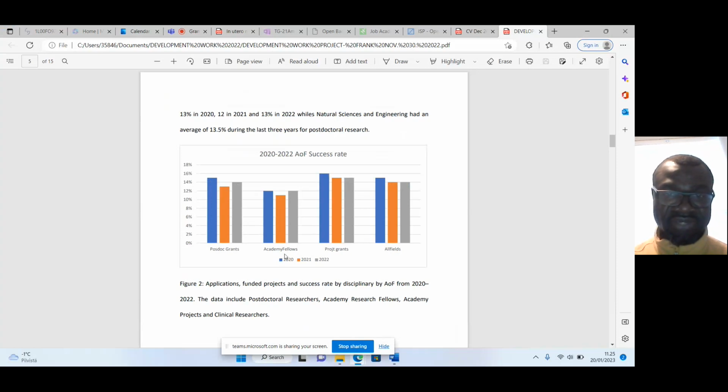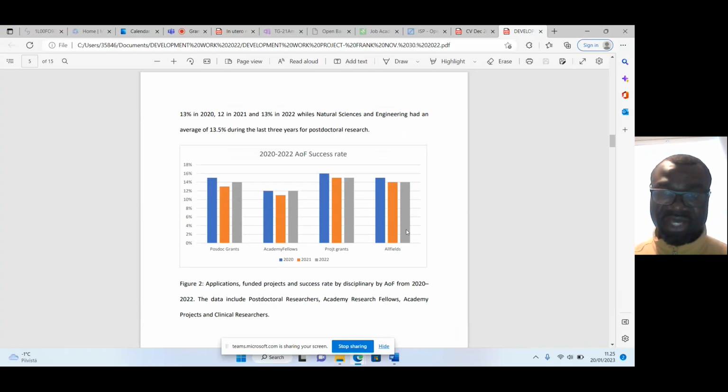And then academic research fellows, it was even much lower, from 11% in 2021 to 12% in both 2020 and 2022. However, the project grants was a bit higher, from 15% to 16%.